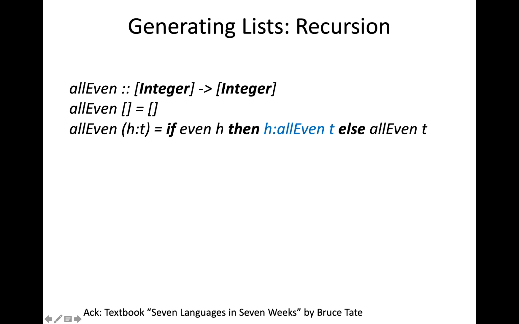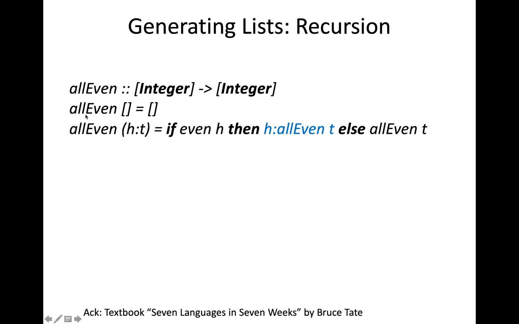Given a list of integers, this function all even gives us the sublist of even integers which were present in the input list. Make sense? So that means if an input list has 5 even integers and 3 odd integers, this function all even will extract only those even integers as a list and will leave out the odd integers.